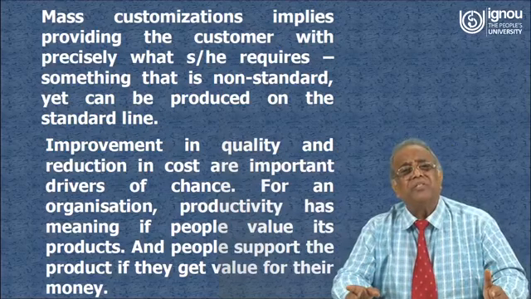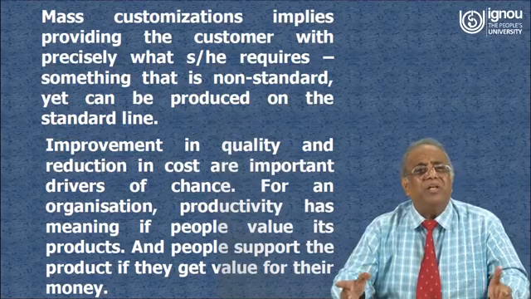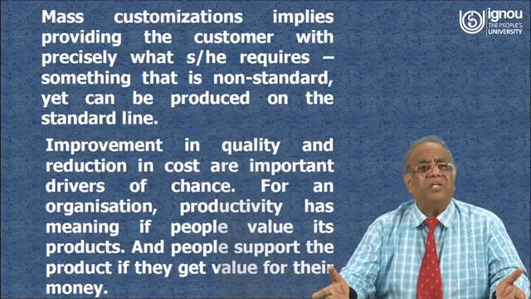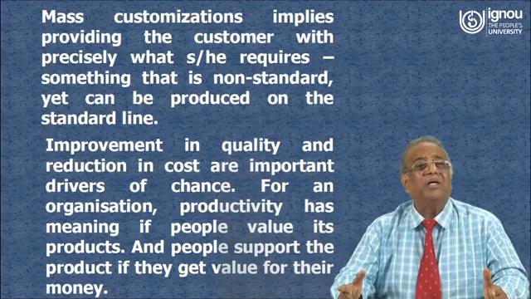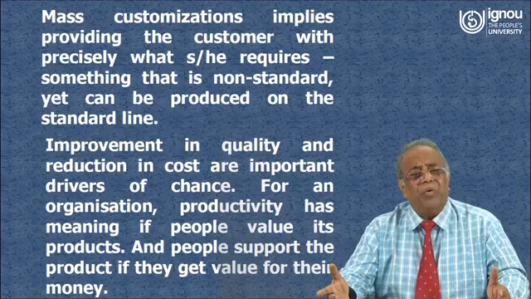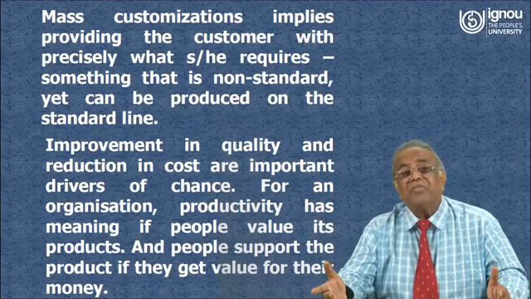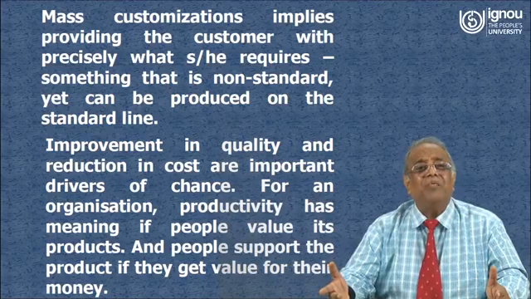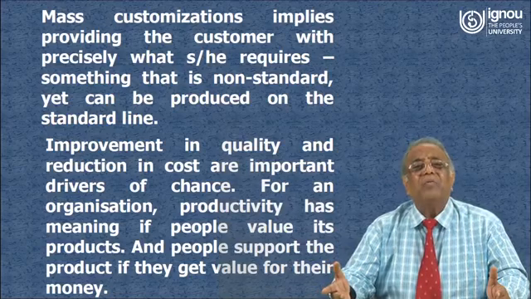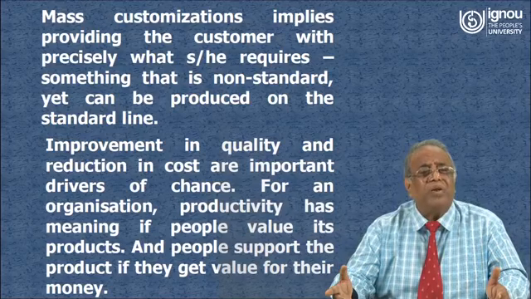Mass customization implies providing the customer with precisely what he requires. Sometimes that is non-standard, yet can be produced on the standard line. Suppose bicycle manufacturers are producing bicycles for customers, but some customer says that he would like to have some extra features for that bicycle, and that bicycle has to be provided with those particular features.